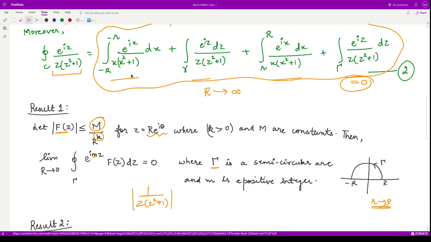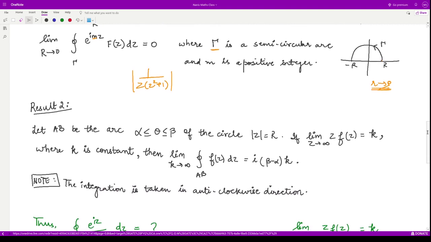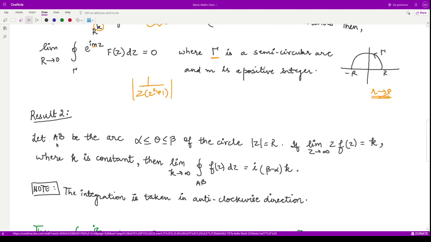Now talking about the second term, we have another result. It says if AB is any arc whose angle is between alpha and beta of the circle mod z is equal to r, and if this limit is equal to k, then the integral evaluated along that particular curve comes out to be iota into beta minus alpha into k, where the integration is being performed in the anti-clockwise direction.